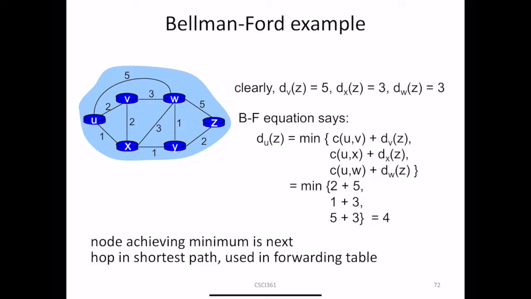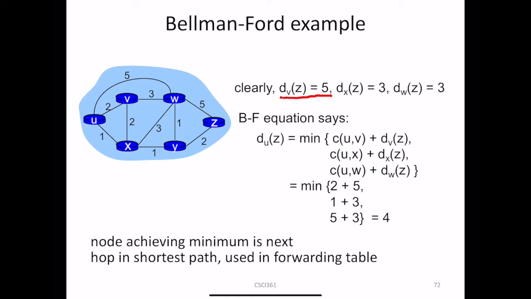Then let's see an example. On the left side, this figure is the topology of the network. Because it's quite simple, we can directly see the ground truth. For example, the least cost path from V to Z is 5.